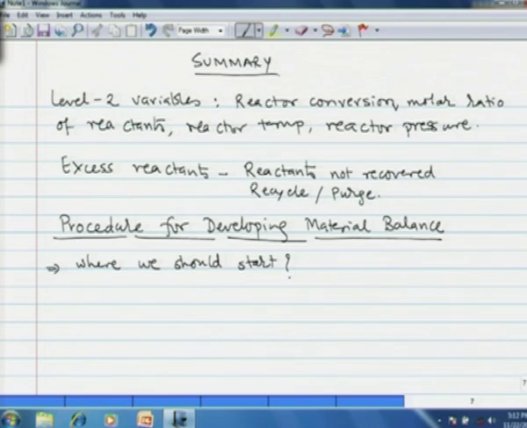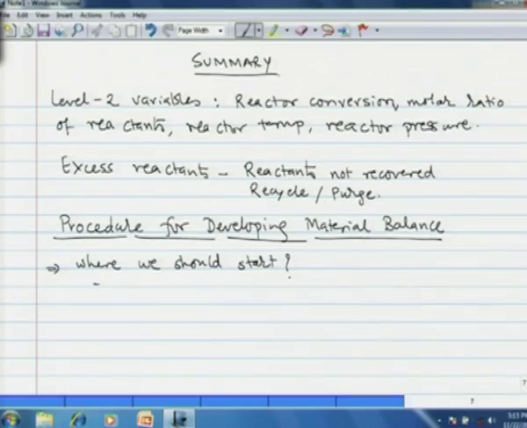In case of grassroots plants which are built from scratch, the production rate of the product is the beginning point or starting point for the material balance calculations. However, in some cases the company would like to do forward integration, which means the company may want to set up an additional unit that uses one of the waste products of the existing process as input and it is converted to a value added product. Now, in such cases the starting point of material balance is the feed rate.